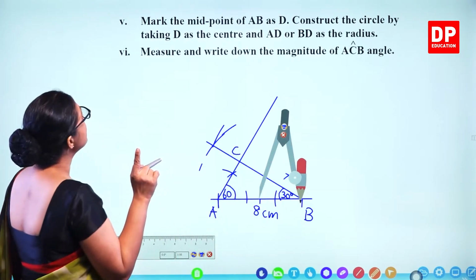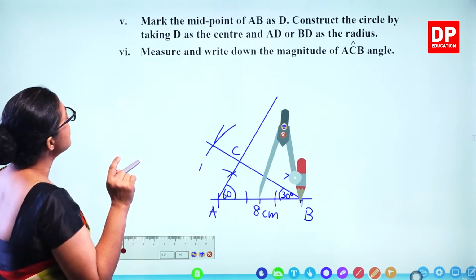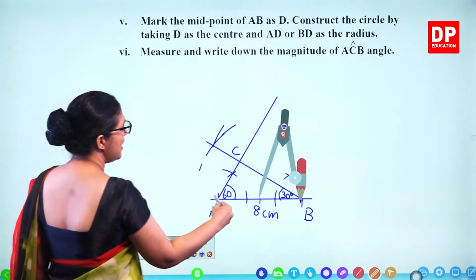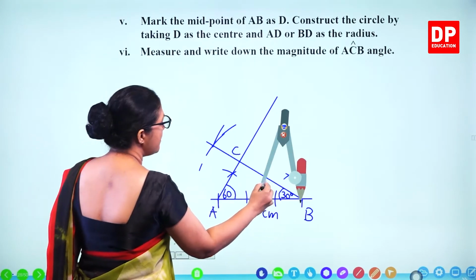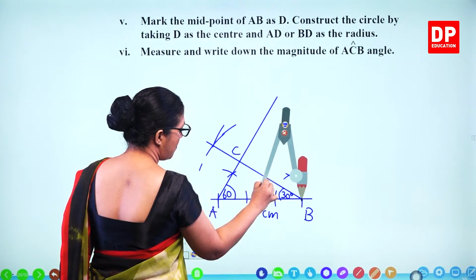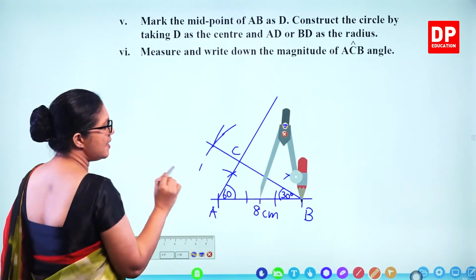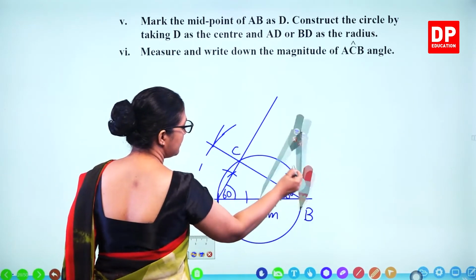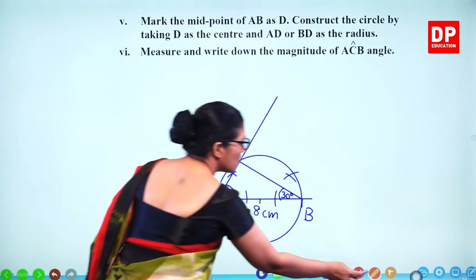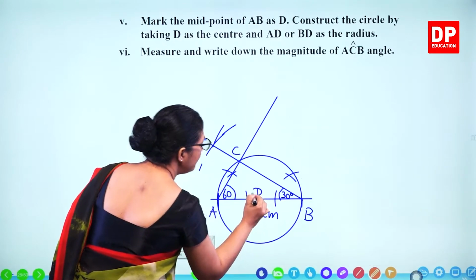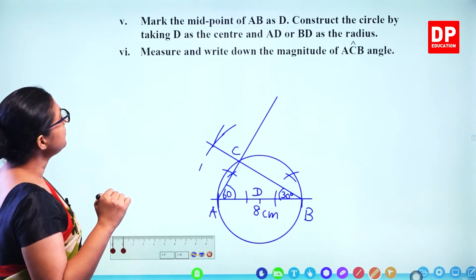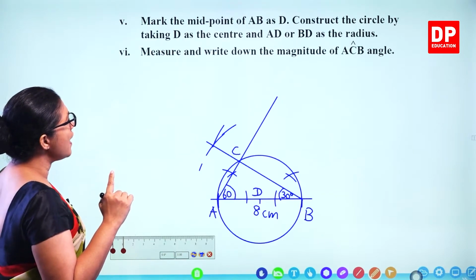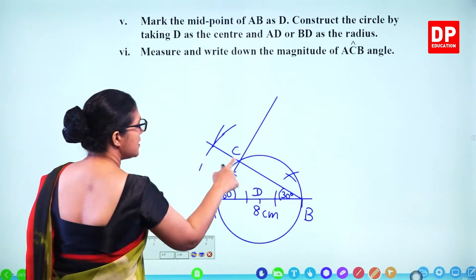And then what it says, construct the circle taking D as the center and AD and BD as the radius. So here we can keep the center is D and draw the circle. So we can complete the circle here. We'll mark the point D here. D is the midpoint. Measure and write down the magnitude of ACB angle.